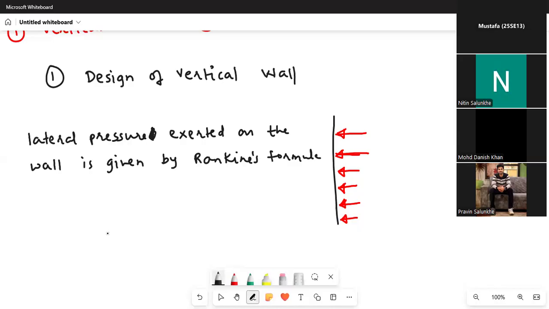So Rankine's formula is P equal to gamma H cos beta, and I will tell you what is gamma, what is H, and what is beta.